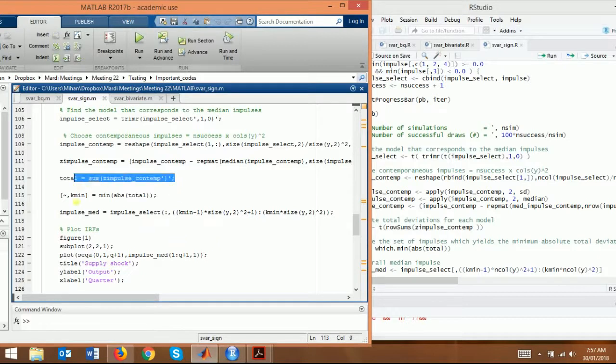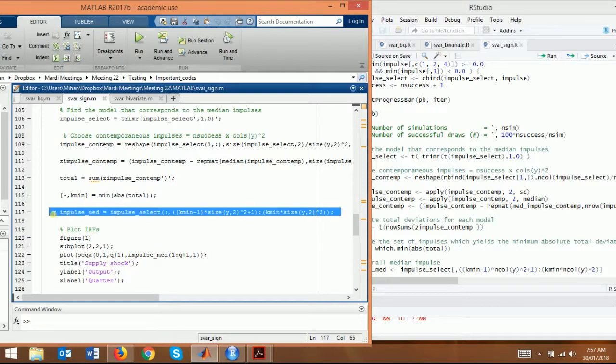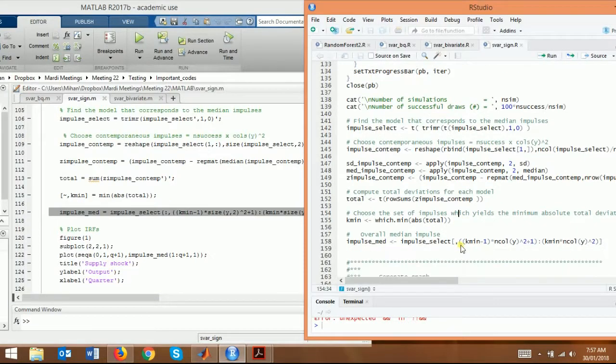And then there is finding the total, finding the minimum of the total, and then again another median, which makes it a bit more difficult. So there you have sign restrictions.